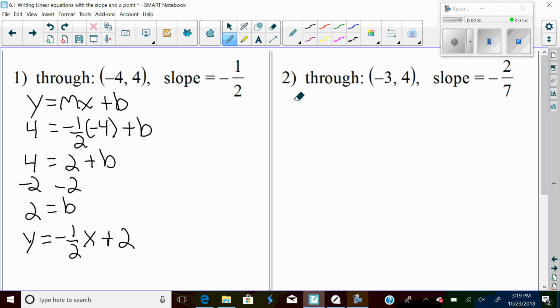Again, we're going to start off by writing out y = mx + b. We're going to plug in the y, which is 4, plug in our slope, -2/7, and plug in the x. And we're going to put plus b because that's what we're looking for.